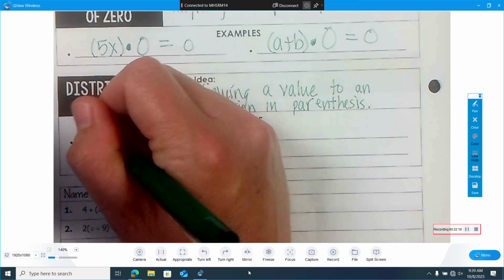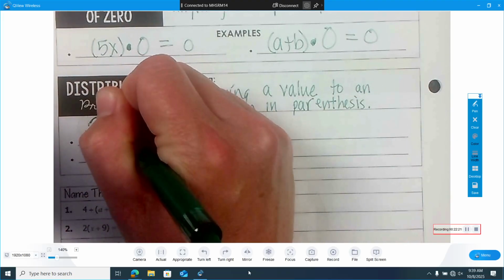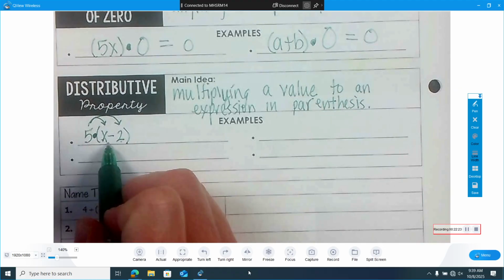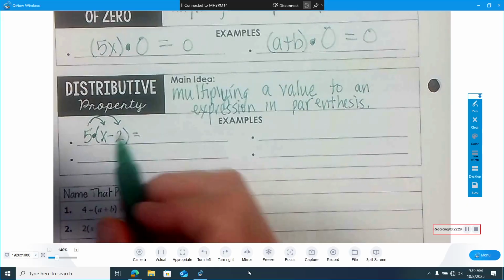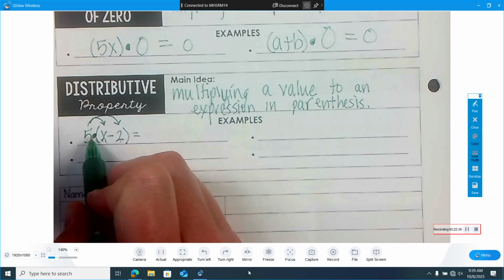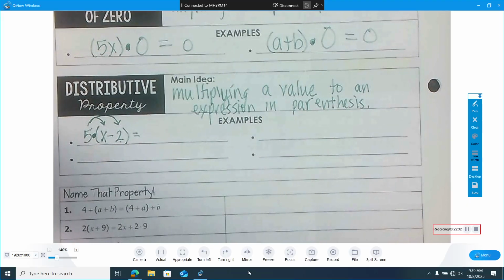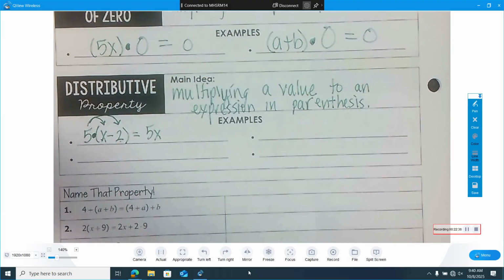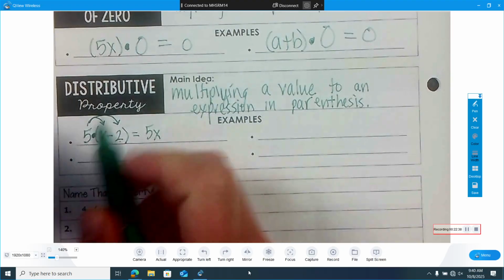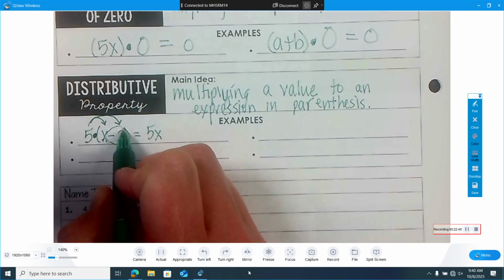So what we're going to do is distribute that 5 to each term inside the parentheses, and we multiply. 5 times x is 5x. They just get stuck right next to each other. That's kind of nice. And then here we say, what's 5 times negative 2?